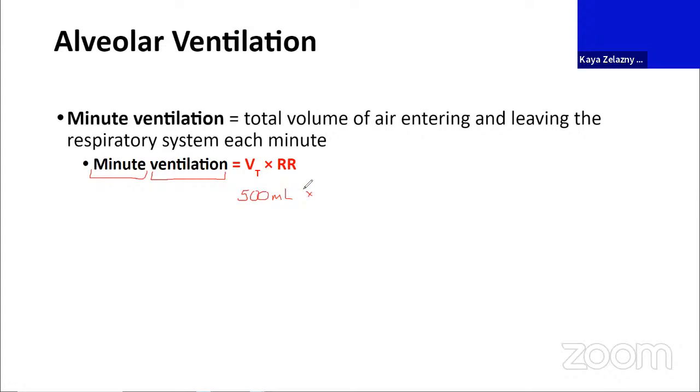So how many breaths per minute, so something like 10, 11, 12, something like that. How many breaths per minute we take is going to give us our minute ventilation. Okay, so that will tell us how much total air reaches our airways, reaches our respiratory system over a period of time so that we can kind of start to compare that to some benchmarks and what we might expect.